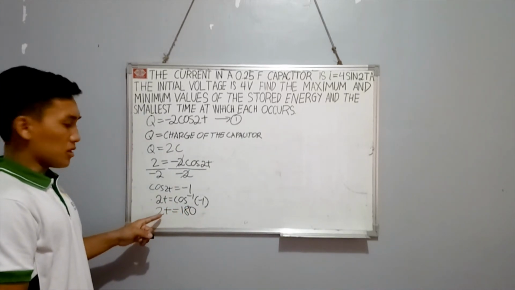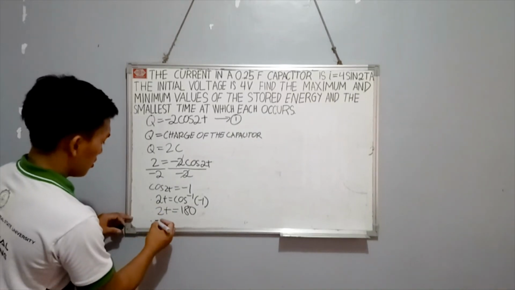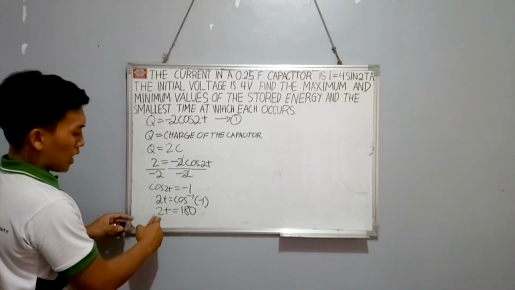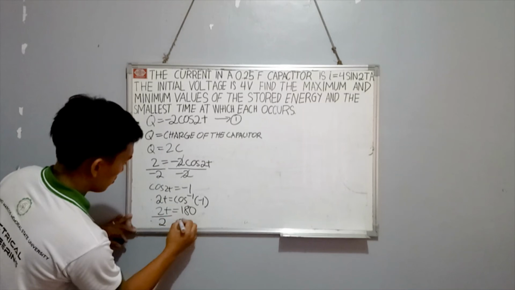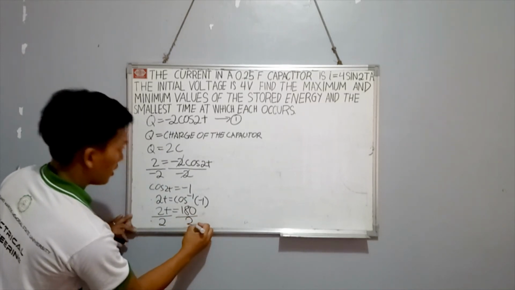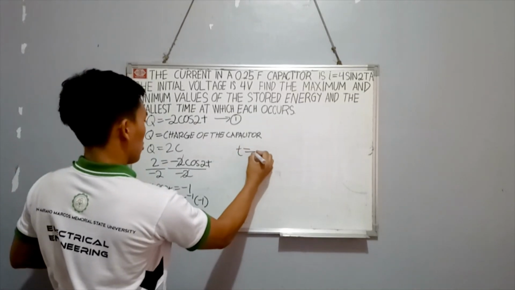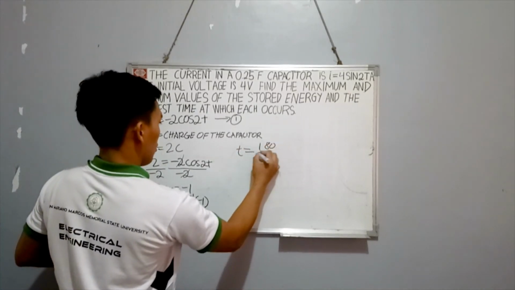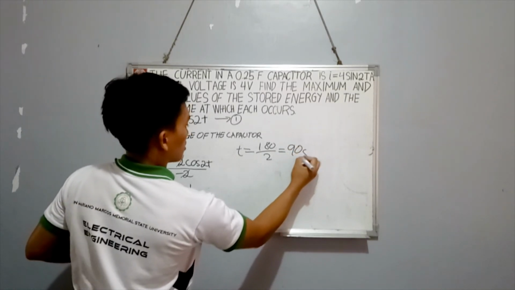And to get t, we should divide both sides by 2 so that the 2 on the other side will be eliminated and cancel. T is equal to 180 over 2 is equal to 90 seconds.